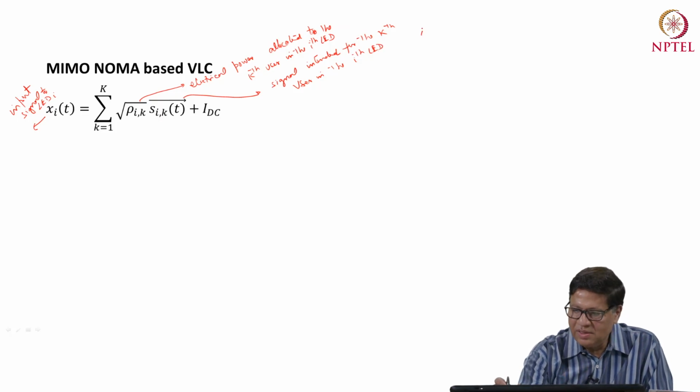As we know, i is equal to 1 and 2, and this k goes from 1 to capital K.